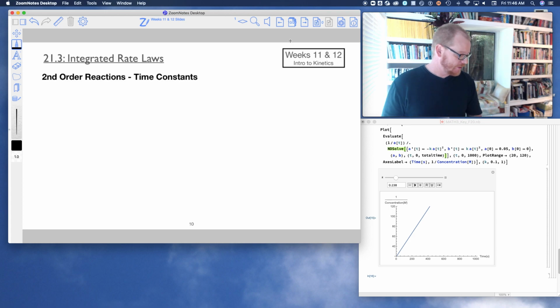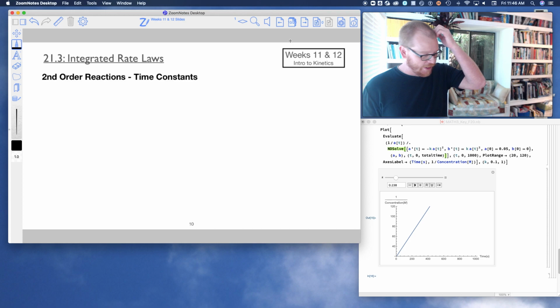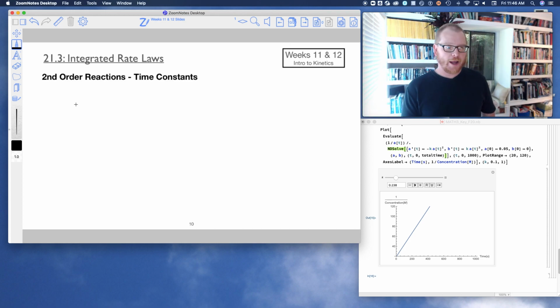So let's do time constants for second order reactions. I'll just do this really quick because I want to end this video, okay? Now when I have A at time t equals 1/2 A0, that's going to give me my half-life. And I remember my rate law, and this is just for a simple reactant, 2A goes to B. So we're just going to do the simple one.